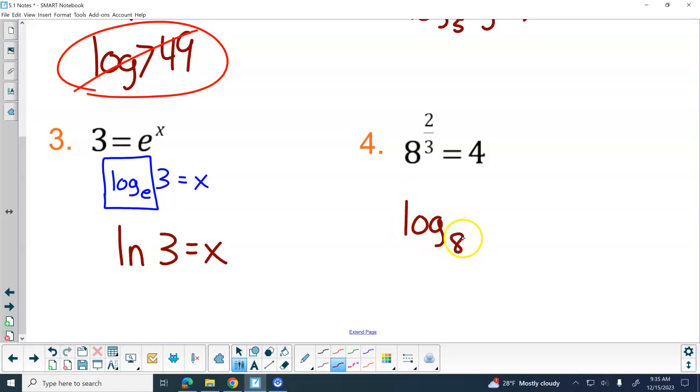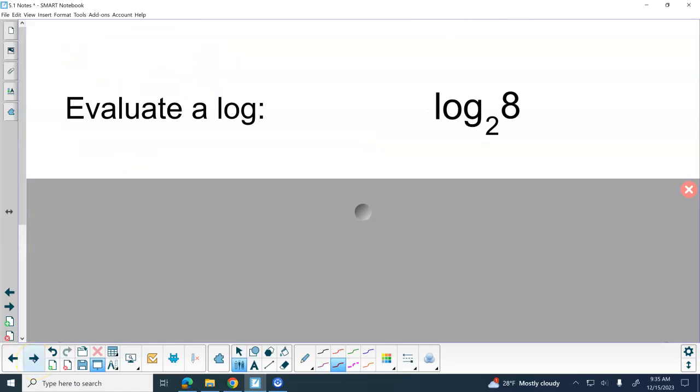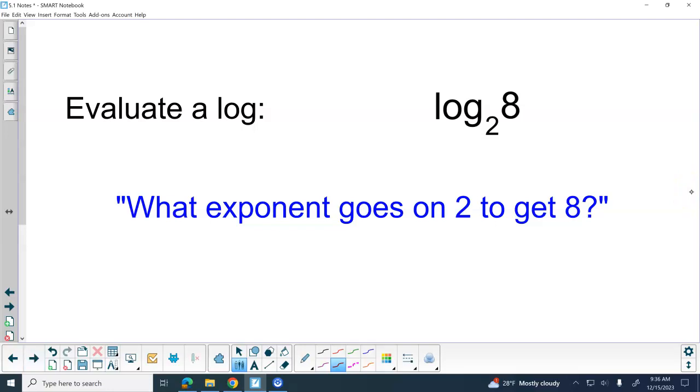Log base 8 of 4. Right? Okay? So logs are exponent finders. They find me what exponent goes on the base to get that particular number. So when I see a log, like log base 2 of 8, again, this is a second peek behind the curtain.